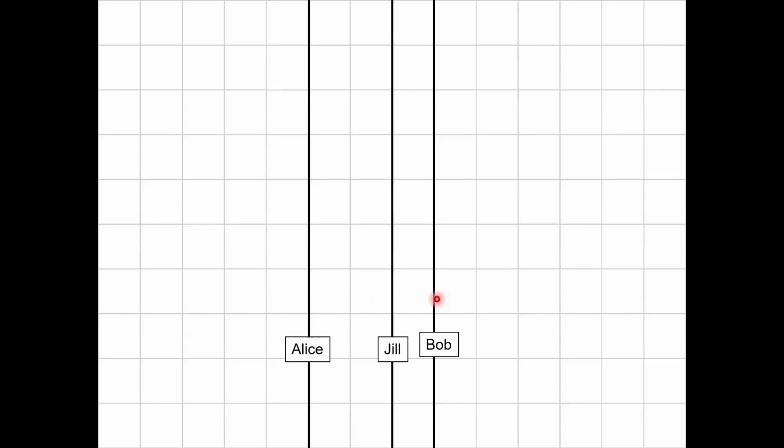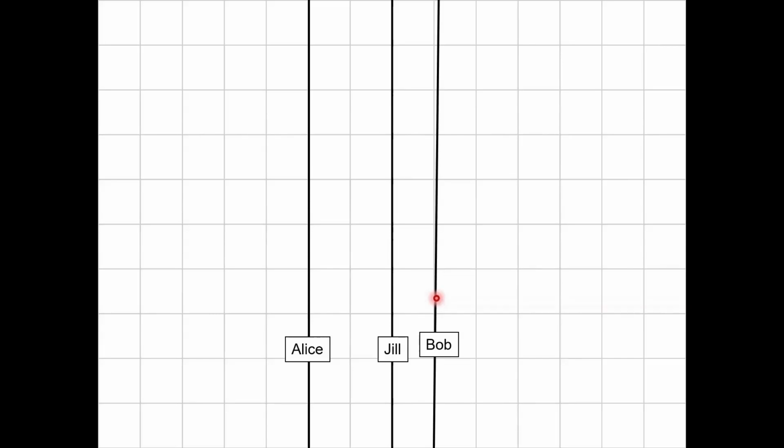For example, if we look at Bob over here and we change the world line to this world line that has a small angle between him and Jill and Alice, this small angle is a representative of Bob moving away from Jill and Alice at about a speed of 20 million kilometers per hour.